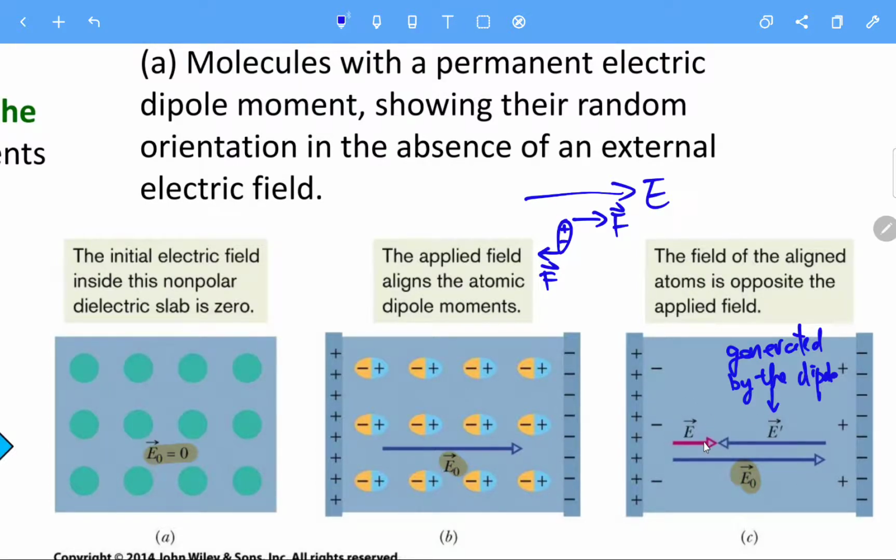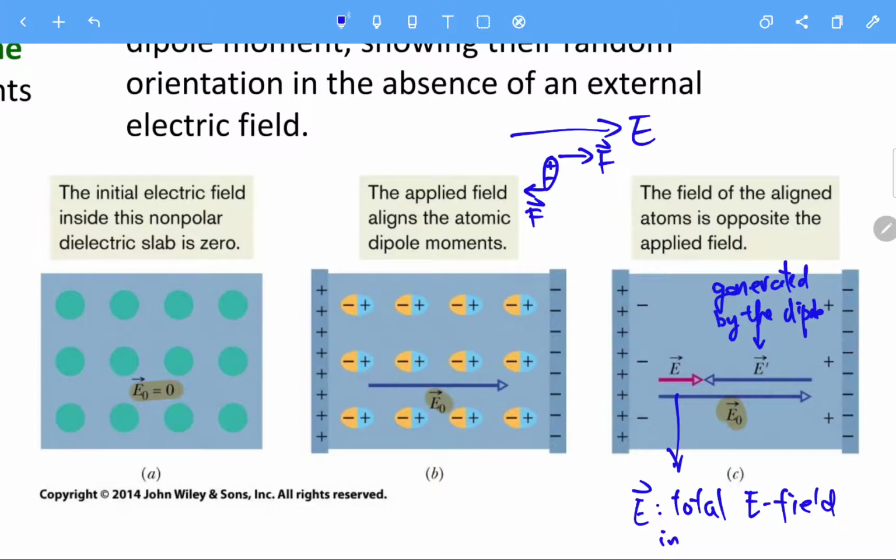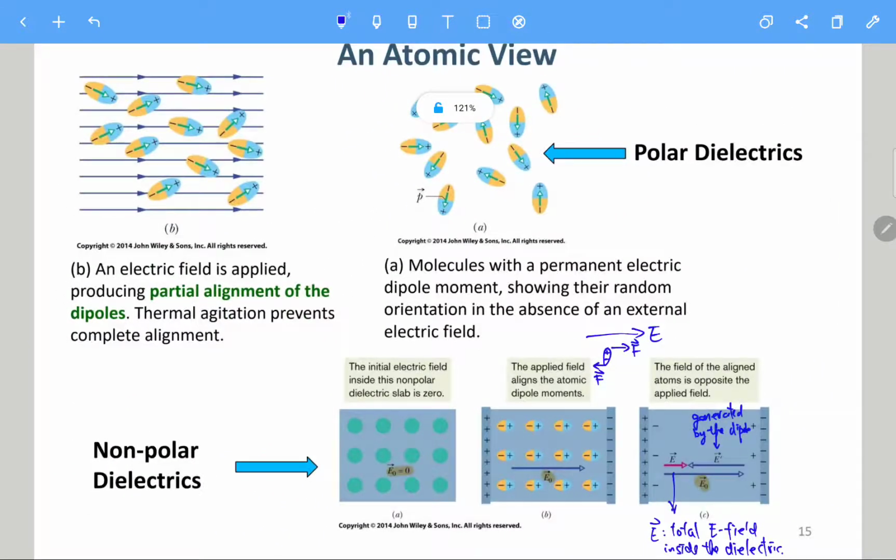So E is the total E field inside the dielectric.